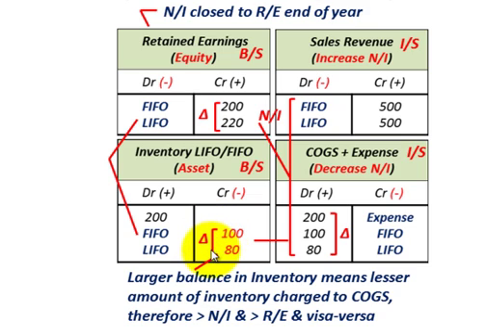Now, looking at LIFO, let's say we had used only $80,000 for the year, so we'd have $120,000 sitting in our inventory account. So if we have a larger balance in our inventory account, say the $120,000 for LIFO, that means you're going to have a lesser amount of inventory charged to cost of goods sold. Therefore, you're going to have greater net income and also greater retained earnings, and vice versa would be true.